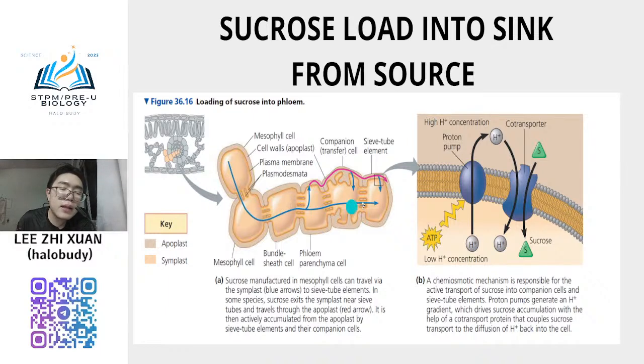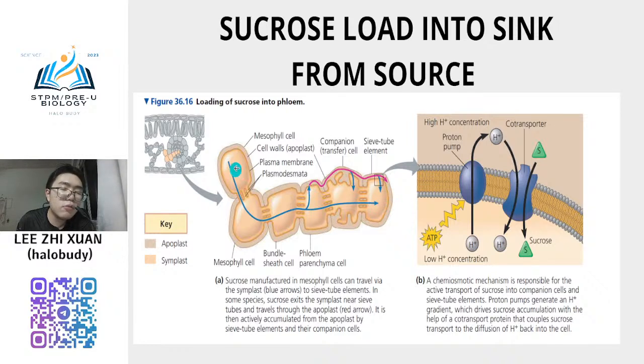Like water in transpiration, where water is absorbed from the root hair into the root xylem vessel, here the nutrient produced in the leaf is transported into the leaf sieve tube element.